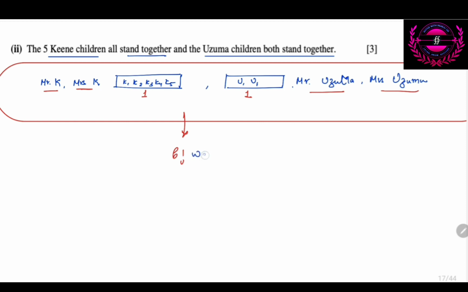But also the 5 Keen children will arrange themselves in 5 factorial ways, and the 2 Uzuma children will also arrange themselves in 2 factorial ways. So this is my total number of arrangements. Let's move to the next question.